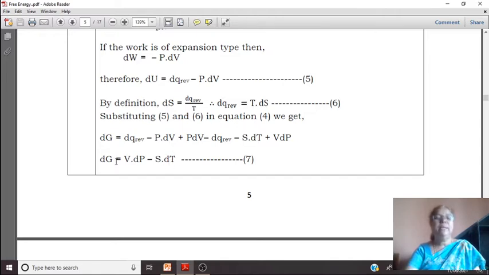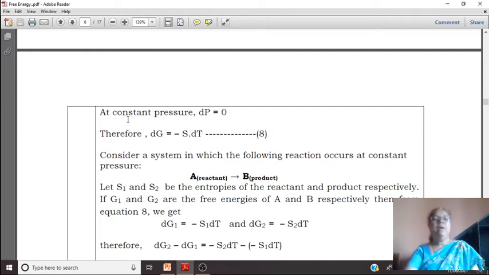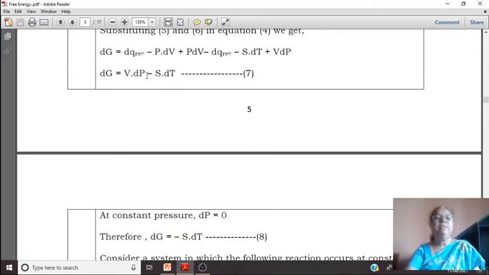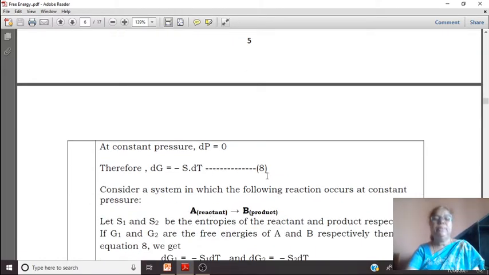Remember, this is the most important equation. dG equal to VdP minus SdT. It is our expression number 7. Then at constant pressure dP is equal to 0. That means in this equation this term becomes 0, and we have dG equal to minus SdT. It is our expression number 8.